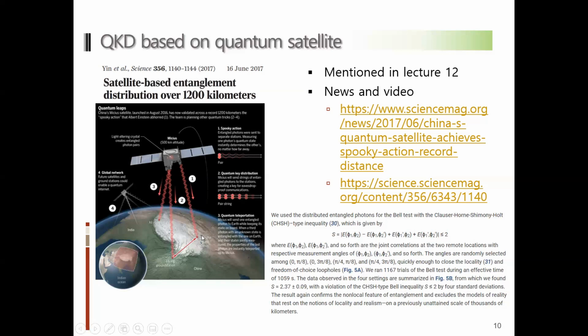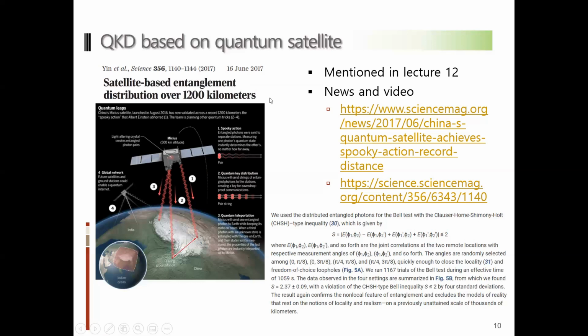Another implication is that in principle, people can use this kind of scheme to distribute the secret key over a long distance. Of course, there is also a limitation, because a single satellite cannot cover the entire globe. But people also consider another satellite that would relay the photons between satellites or something like that.